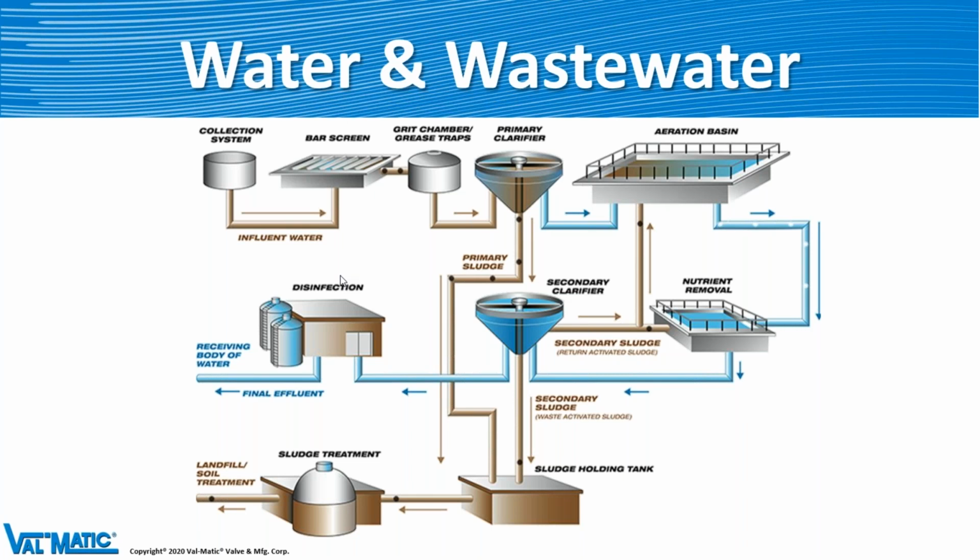If you have meters, maybe before the meters. In long runs of pipe, you have to have an air valve to make sure you get all the air out. The brown lines serve as sludge lines, and the blue is your clean or semi-clean water, and it can go anywhere and everywhere. Like I said, it's hard to pinpoint exactly where air valves would go, except that equipment and high points are where they would go.